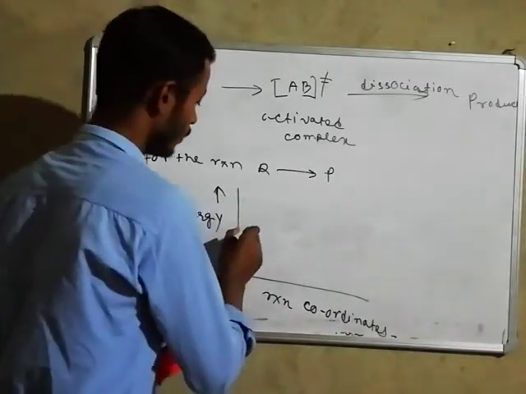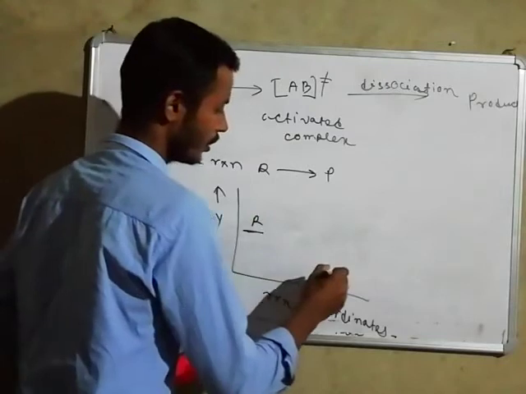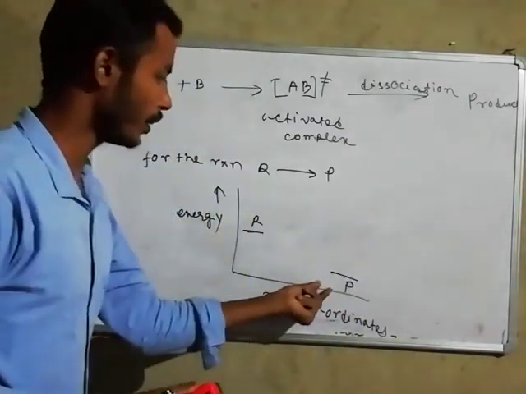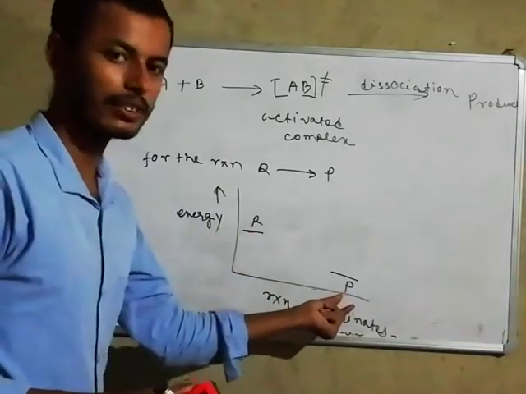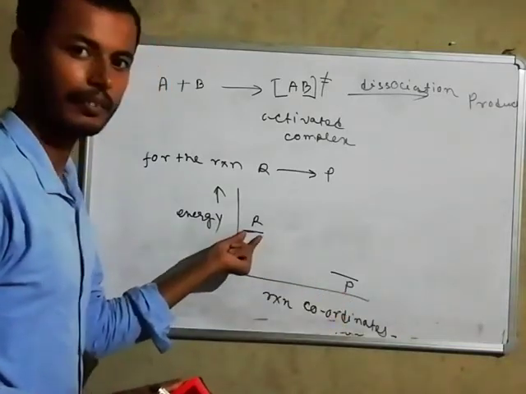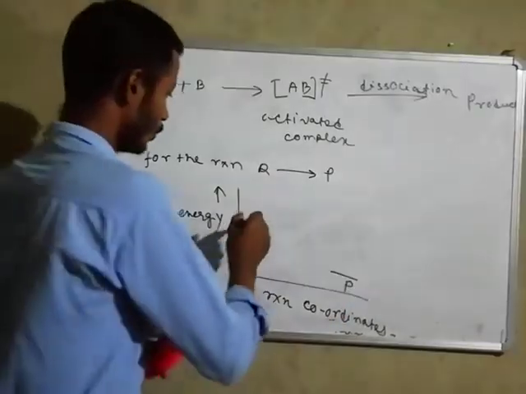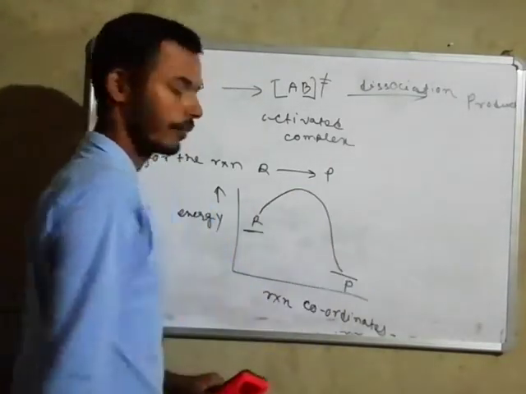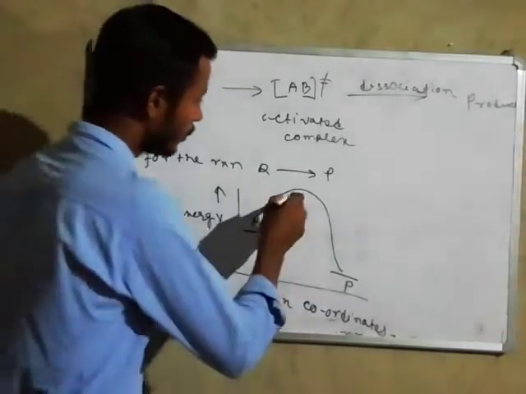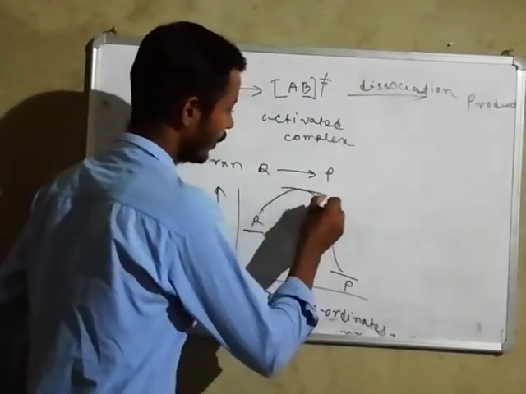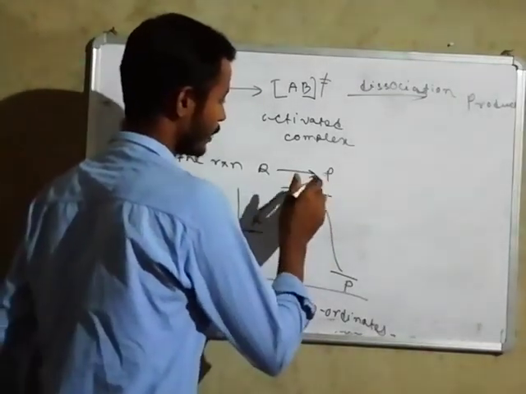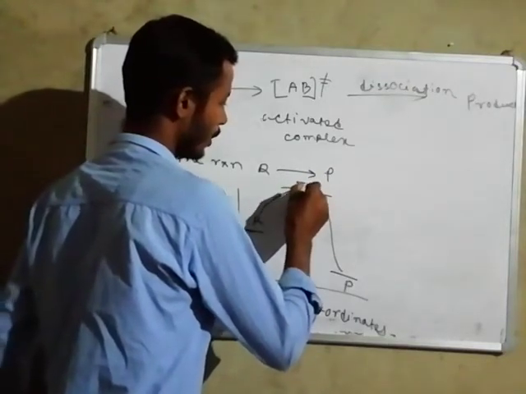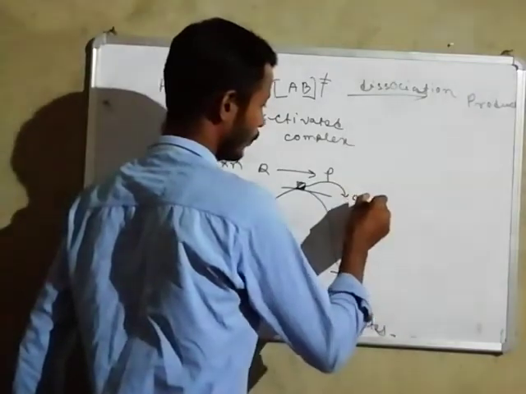Now this is the reactant. As you know, out of reactant and product, the energy of the product will be less as compared to the reactant. So the reactant gives the product. Now this is the state where the activated complex is formed. The complex formed here is named the activated complex.